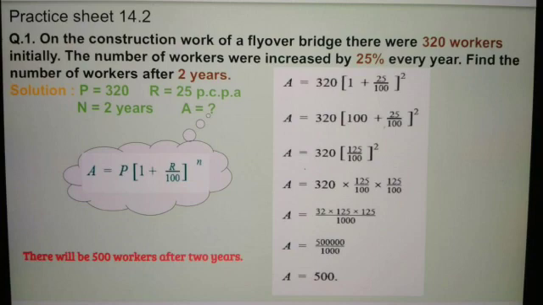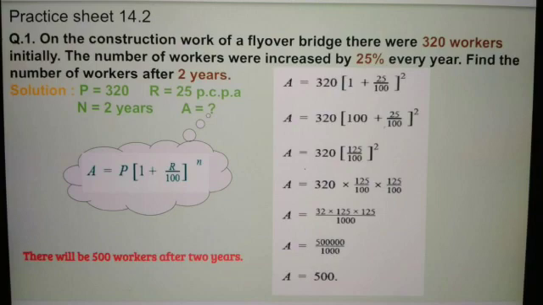Then you substitute the values, that is A is equal to 320, 1 plus 25 upon 100 to the power of 2. Therefore, A is equal to 320 cross multiply 100 plus 25 upon 100 to the power of 2. Therefore, A is equal to 320 add 125 upon 100 to the power of 2. Therefore, A is equal to 320 into 125 upon 100 into 125 upon 100.